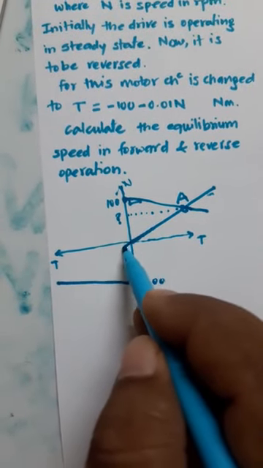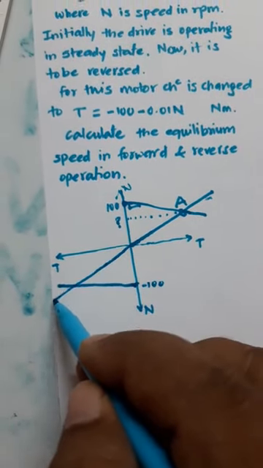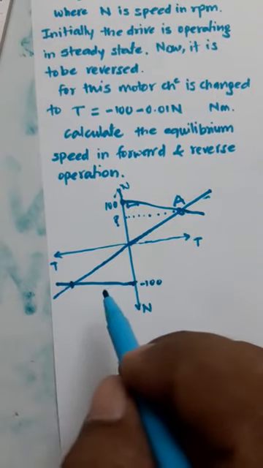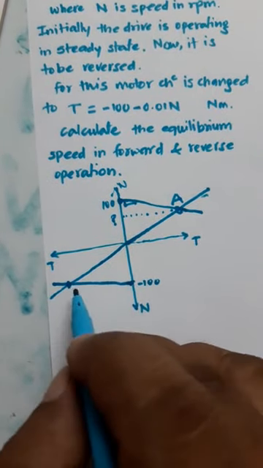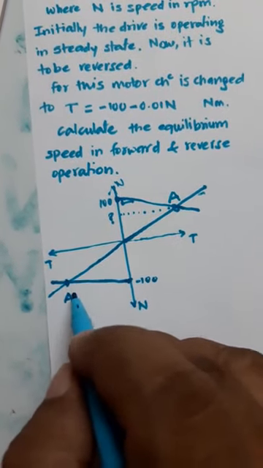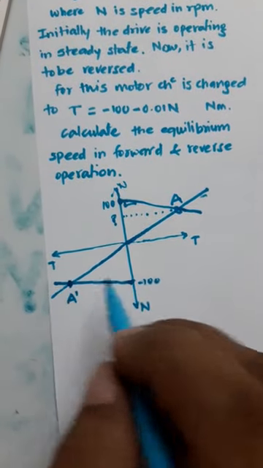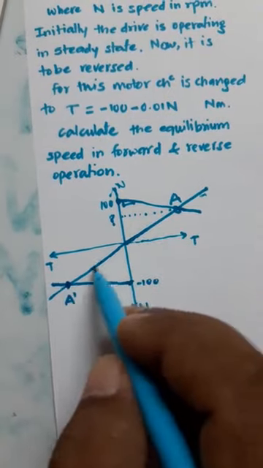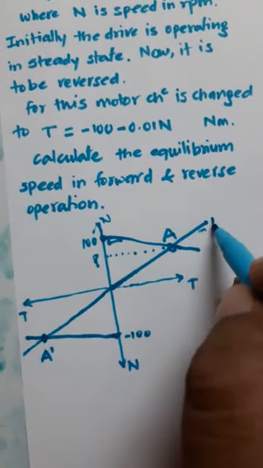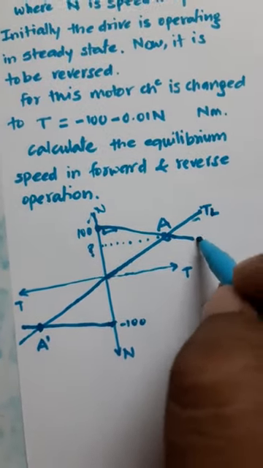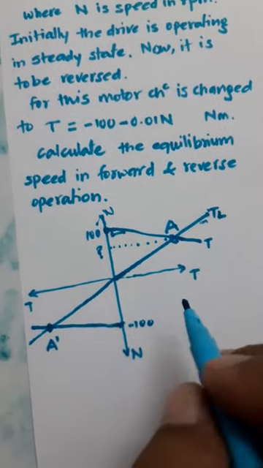And this characteristic doesn't change. So this will be the another operating point. So this is load torque characteristic. This is motor torque characteristic.